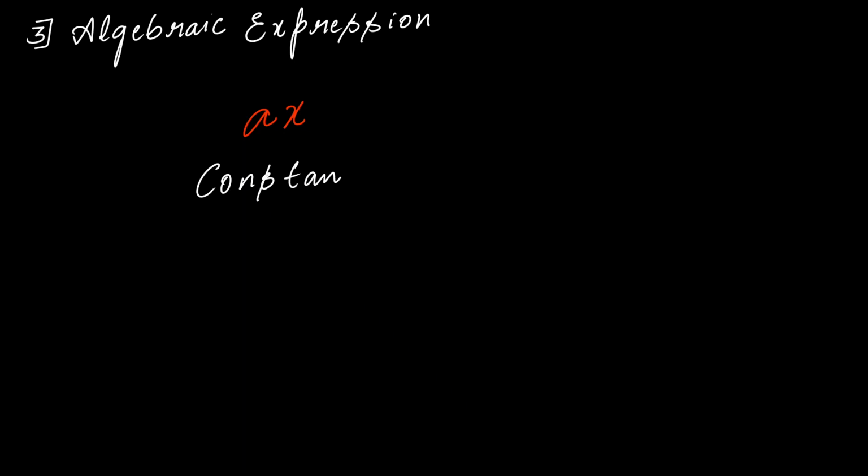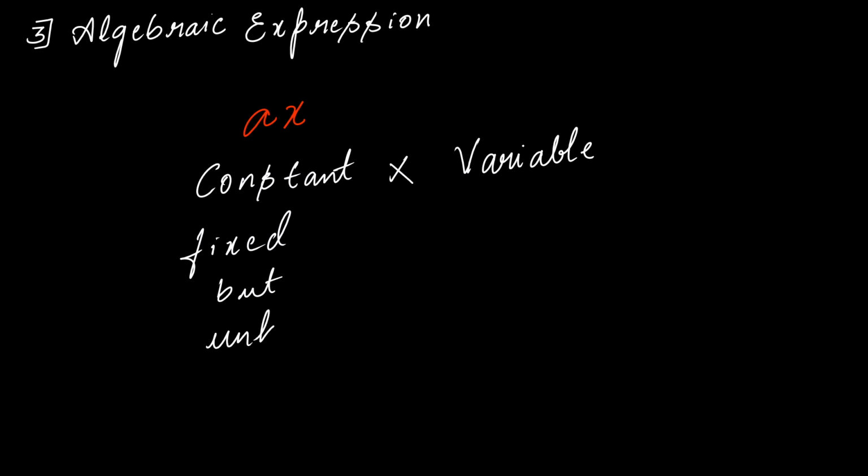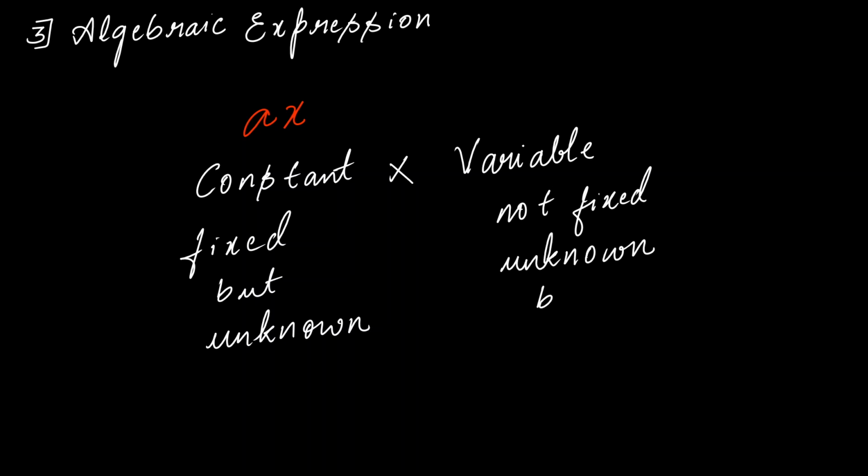Now coming to this, you might be thinking what it is. You might have seen these expressions in your textbook. So, here x is a variable and always you should think that before x there will always be a constant. So, a is a constant and x is a variable. So, constant multiplied by variable.